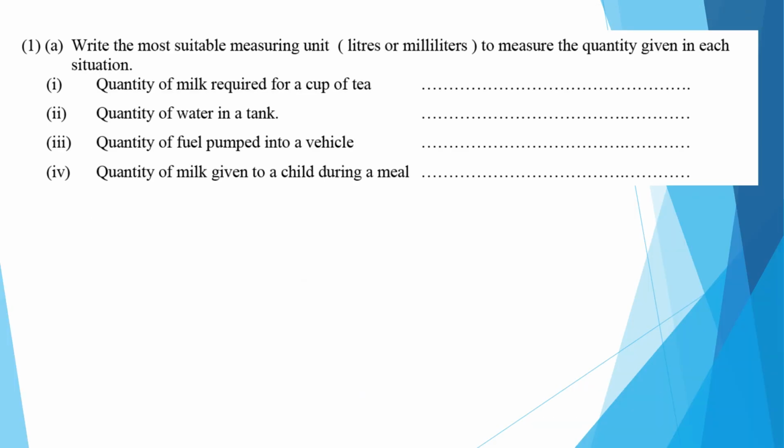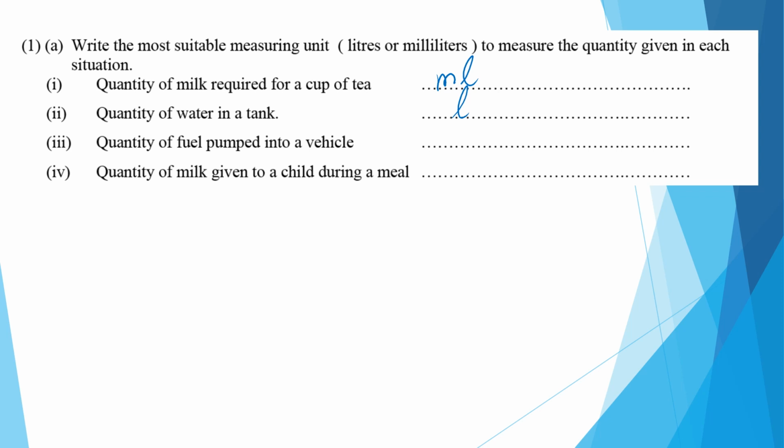Write the most suitable measuring units, liters or milliliters, to measure the quantity given in each situation. The quantity of milk required for a cup of tea, you can measure this with milliliters, right? The quantity of water in a tank is usually measured in liters, maybe 500 liters, maybe 1000 liters.